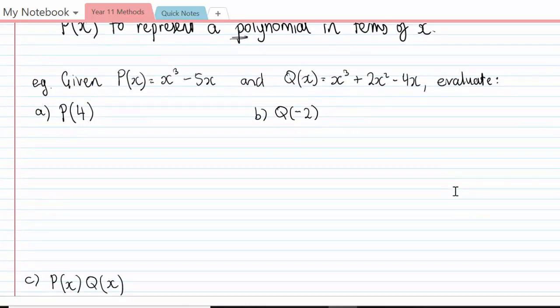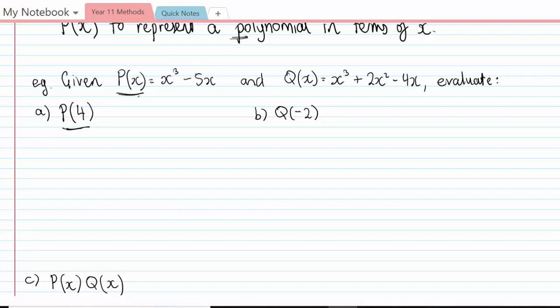So I've got a couple of quick examples here. Given p of x equals x cubed minus 5x, and q of x equals x cubed plus 2x squared minus 4x, evaluate p of 4. This is actually one of the nice things about this notation, that we can easily solve substitution problems. You can see here that what I've actually done is just replace the x with 4.